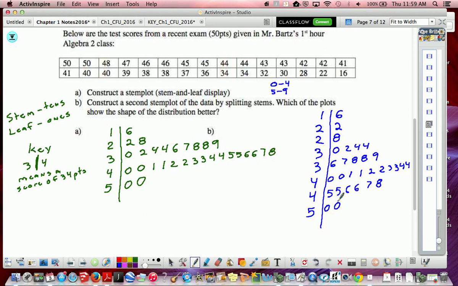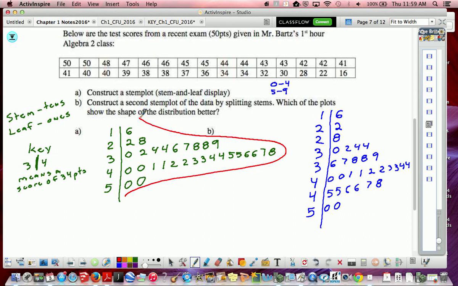So now, the second part of question B asks, which plot shows the shape of the distribution better? Well, if I look at the first one and draw a curve over it, and turn it on its side, which I can't do with the screen but you can do with your paper, how would you describe this one?